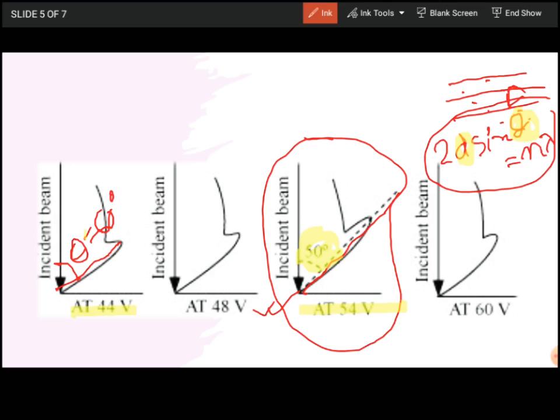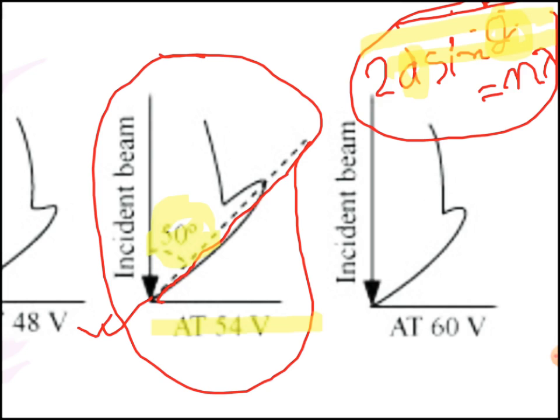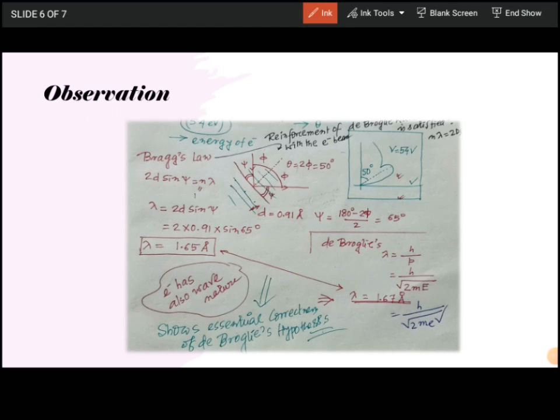Consider such a regular array of atoms arranged in a lattice. Sets of parallel planes having concentration of atoms can be drawn through the array in two dimensions. These appear as sets of parallel straight lines as shown in the next figure. Let a beam of electrons be incident normally upon the crystal face.